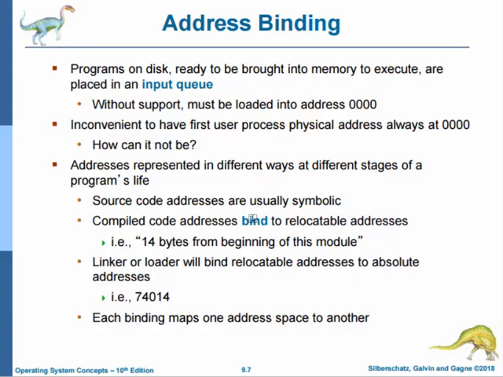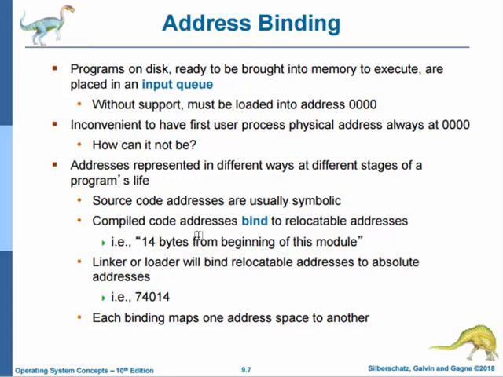In most cases, a user program goes through several steps, some of which may be optional, before being executed. The addresses may be represented in different ways during these steps. The addresses in the source program, for example, are generally symbolic, such as a variable count.